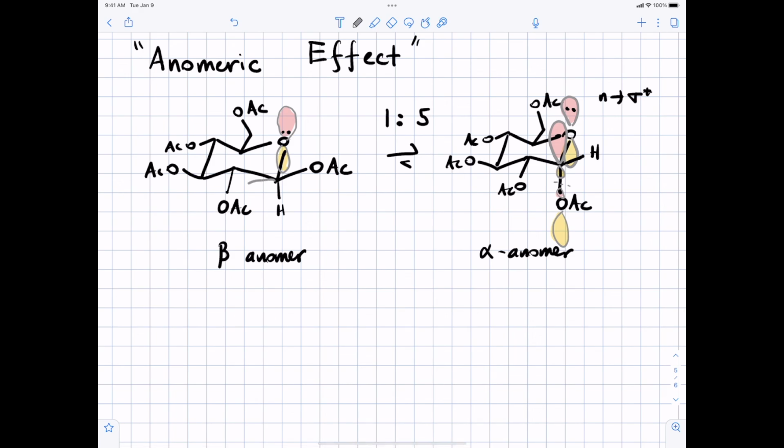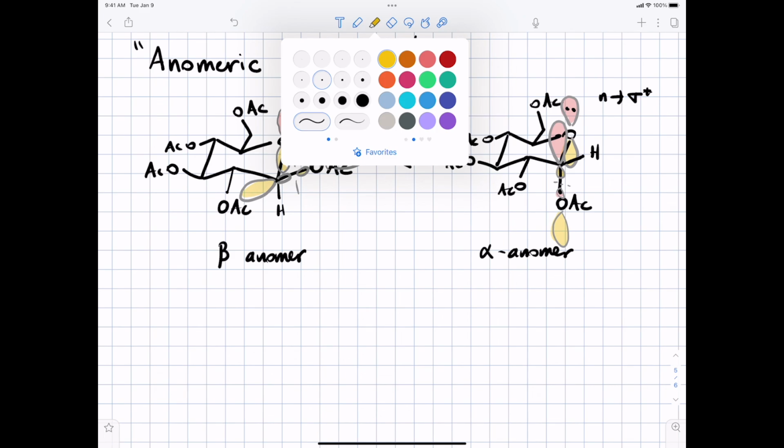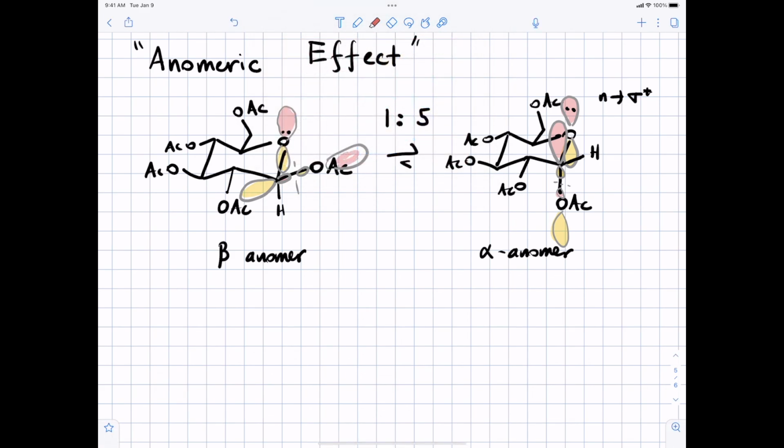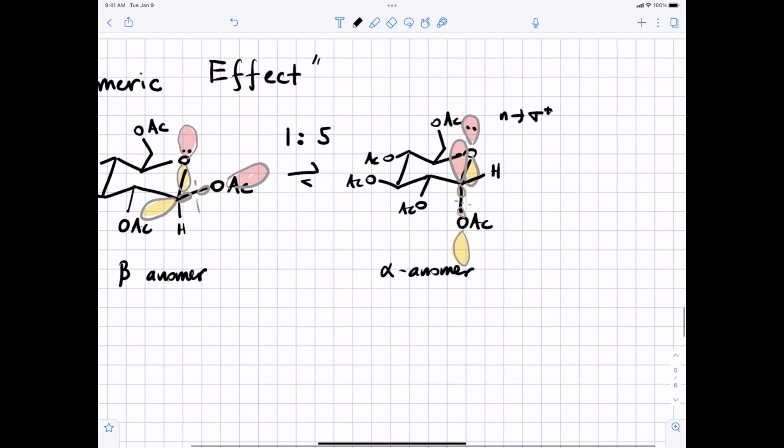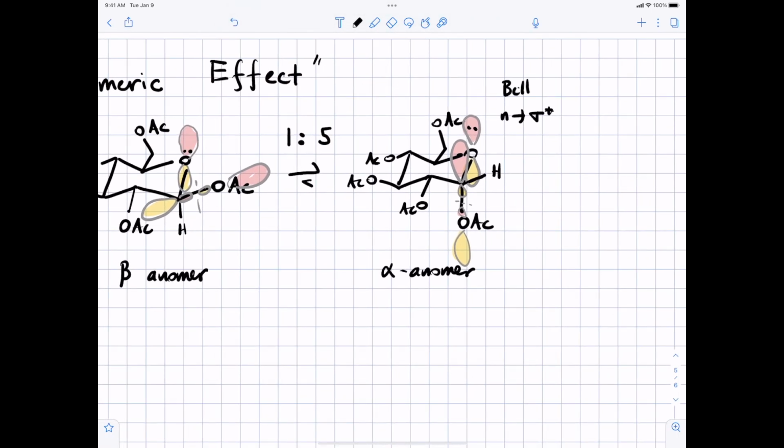Whereas if the acetyl group is equatorial, you've not really got much overlap at all. In fact, they're almost perpendicular to each other. So there's much better n to sigma star, lone pair, hyperconjugation for the alpha anomer.